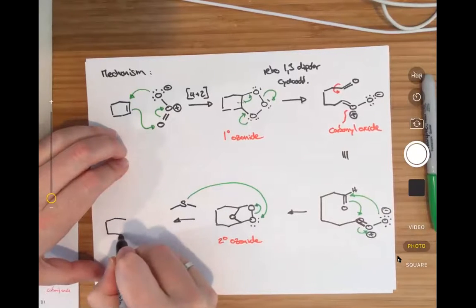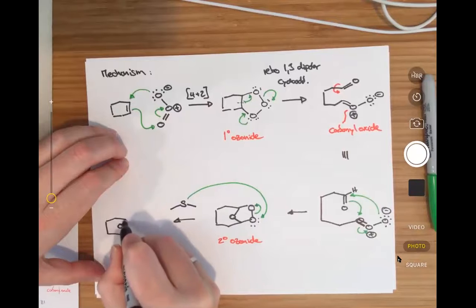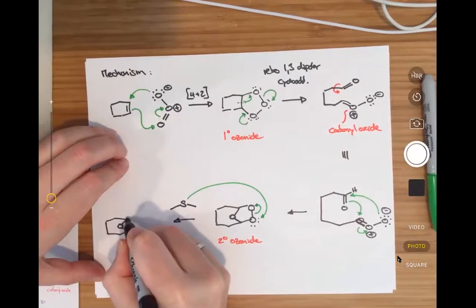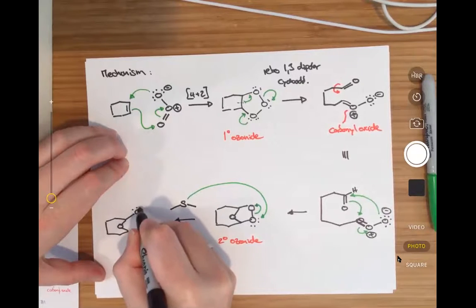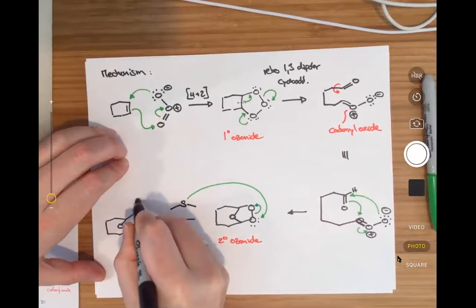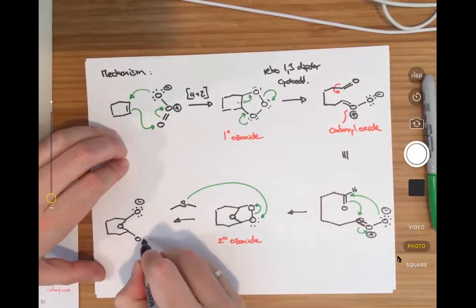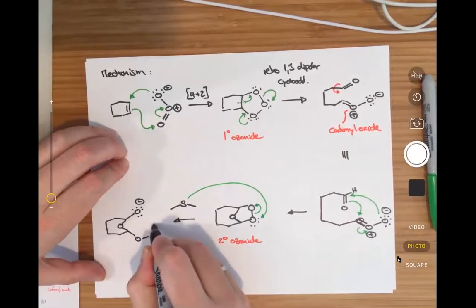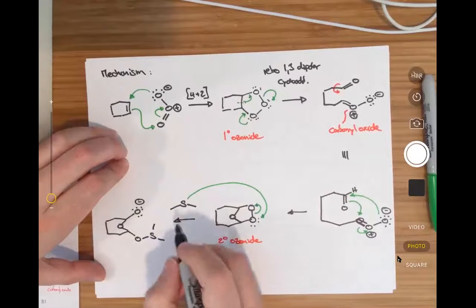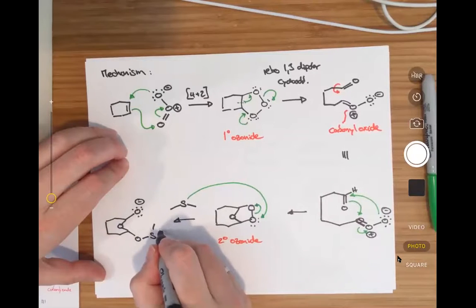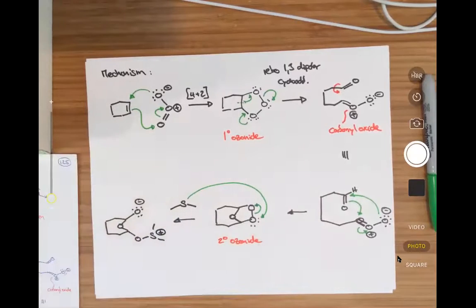is going to look like this. Still have O here with a negative charge now. And on the other side, we have O attached to the sulfur with the 2 methyl groups here. And this, of course, now has a positive charge attached to it.